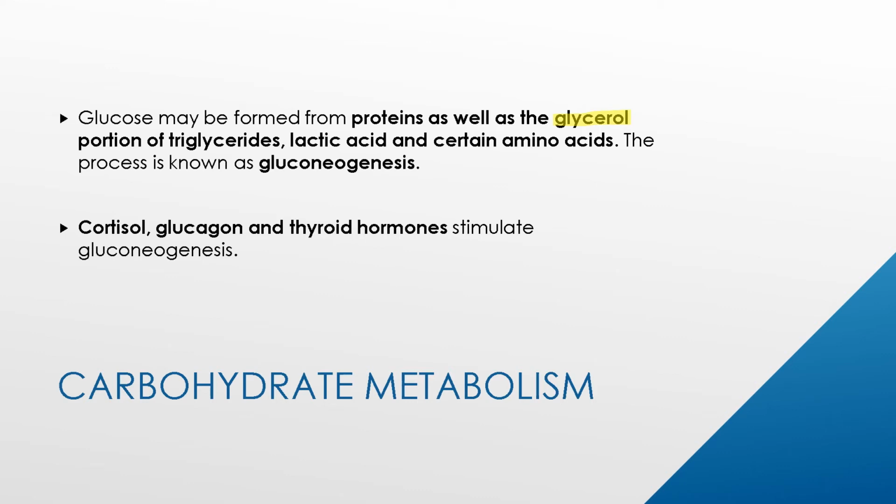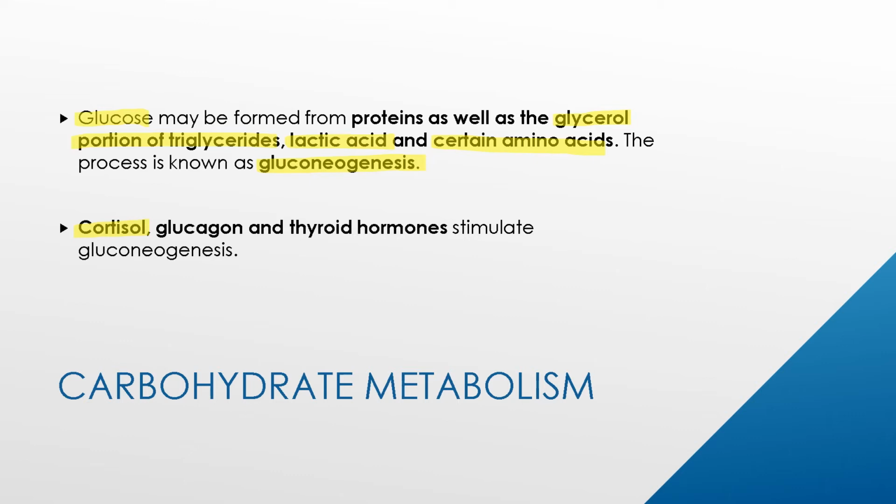The glycerol part of triglycerides, lactic acid, and even certain amino acids can be converted in the liver to form glucose. Now, the process by which glucose is formed from these non-carbohydrate sources is called gluconeogenesis. Now, gluconeogenesis is stimulated by cortisol, which is the main glucocorticoid hormone of the adrenal cortex.